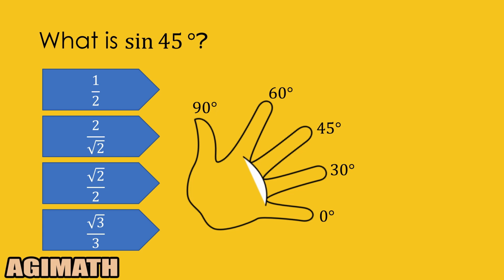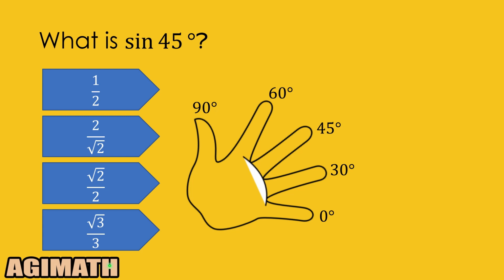If you can still recall, during the third quarter, we talked about 30, 45, and 60 as special right triangles. Now, how do we do this? For example, we are looking for the value of sine 45. So you take note of the value, which is 45.